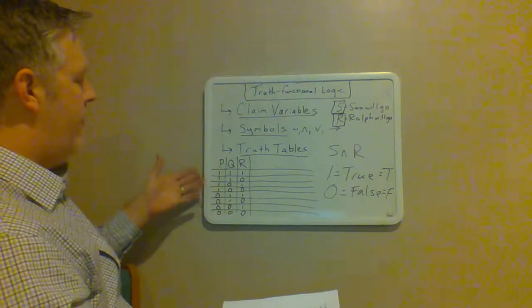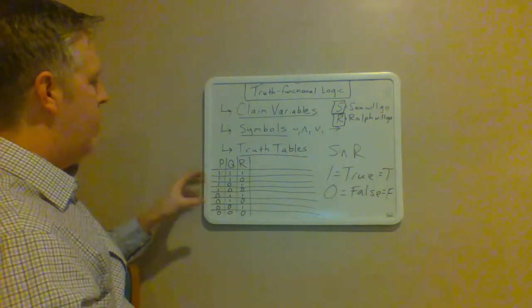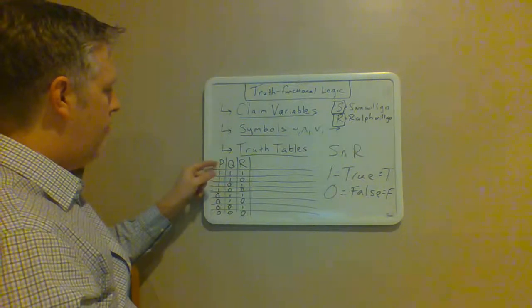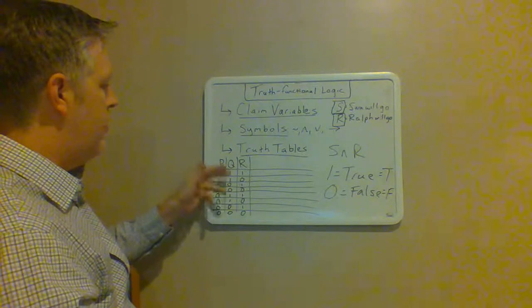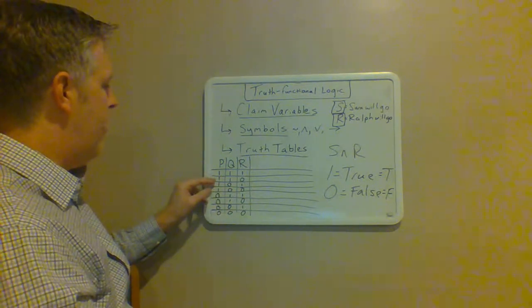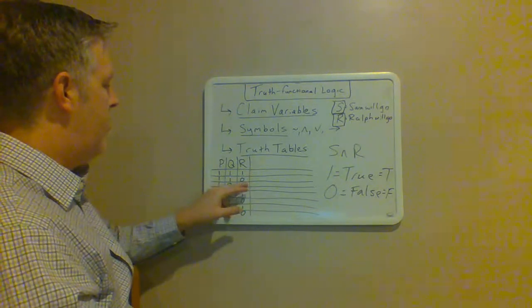So what we've done is represent every possible combination of truth values for these 3 claims, P, Q, and R: Paul goes, Quincy goes, Ralph goes. All 3 of these claims could be true. Or it could be the case that Paul and Quincy go, but Ralph doesn't. Or Paul goes and Ralph goes, but Quincy doesn't.